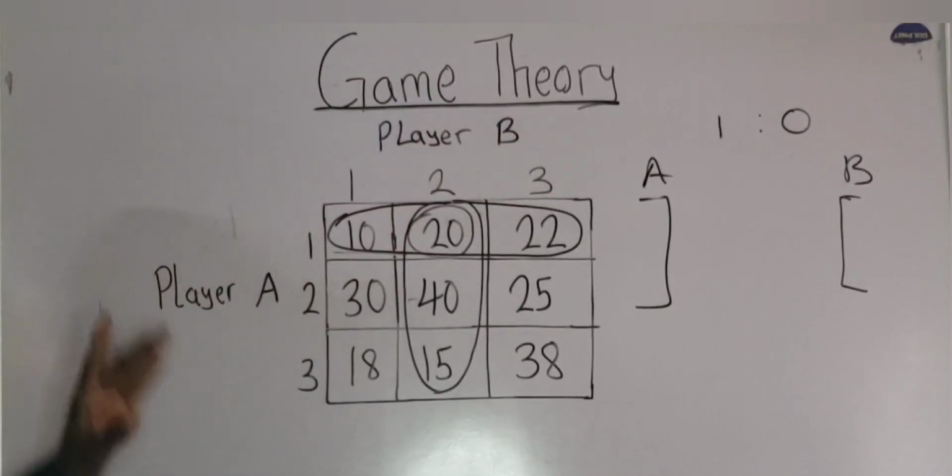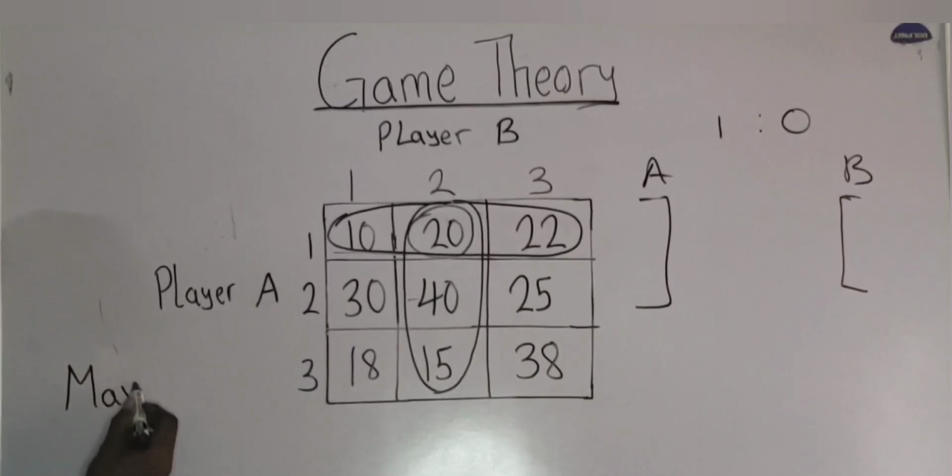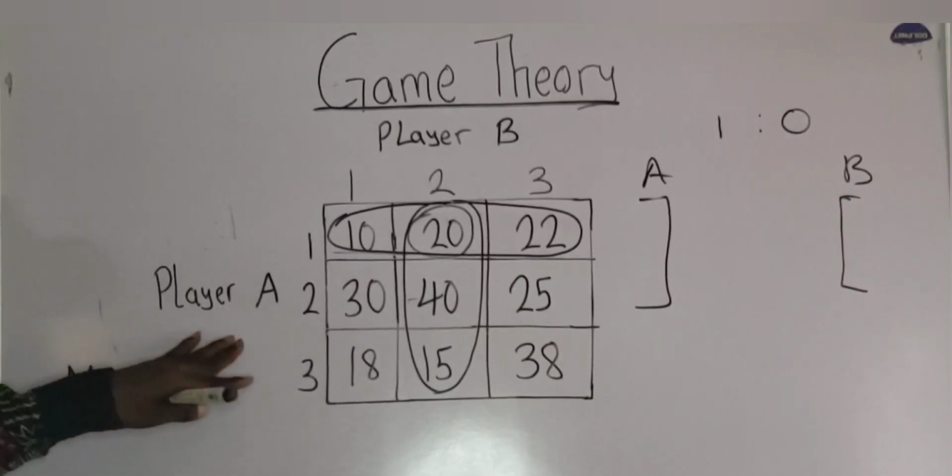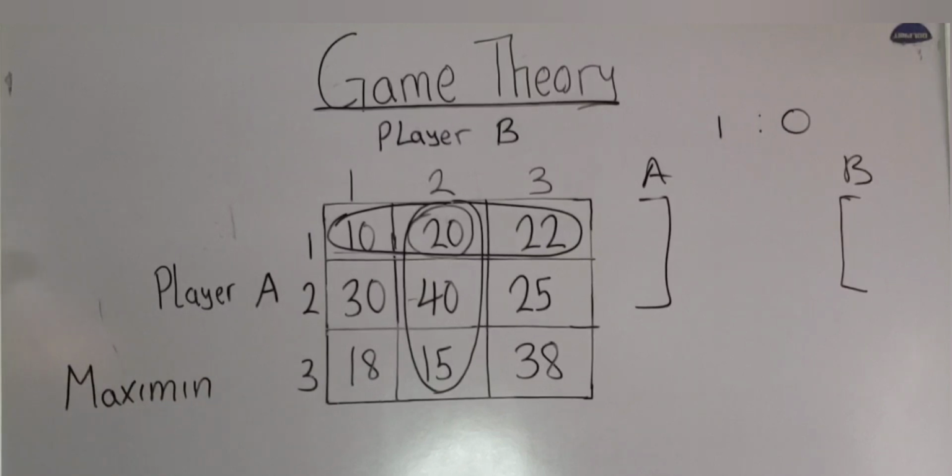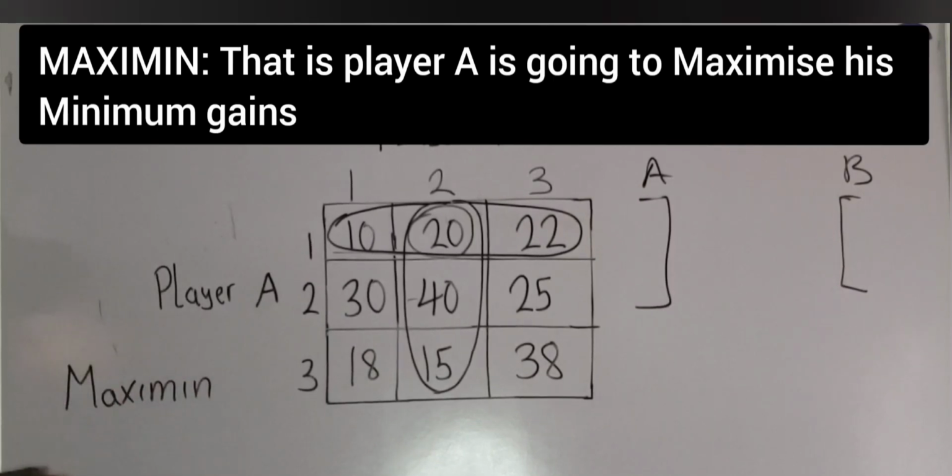The maximin principle means, you can pen it down, that player A wants to maximize the minimum possible benefit. The player that is here wants to maximize the minimum possible benefit.